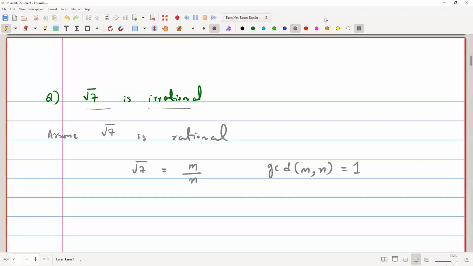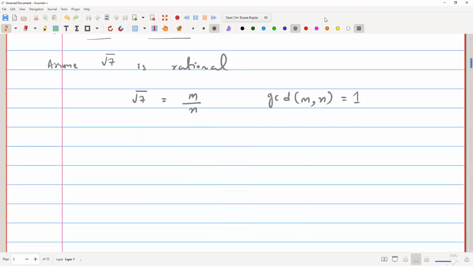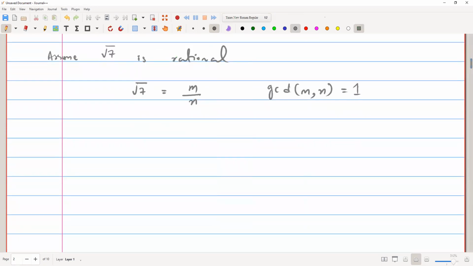So they cannot be divided by any common number. So again, the same thing, we can square both sides, so it will be m squared equals 7n squared.